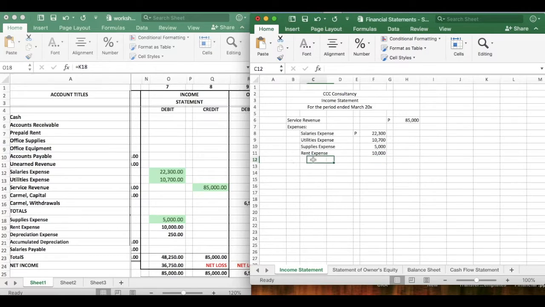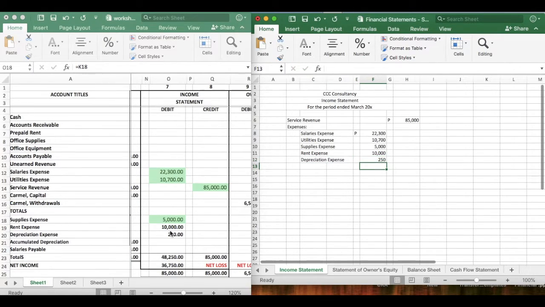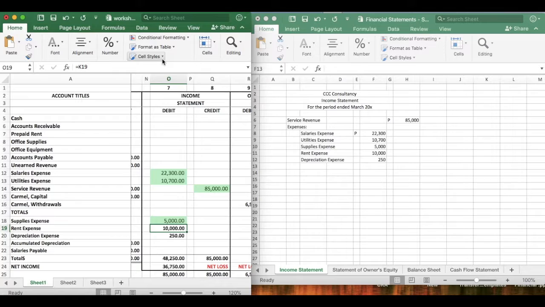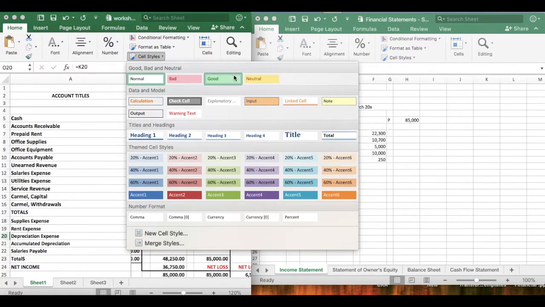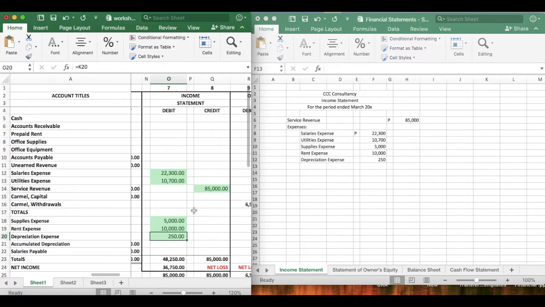Okay, then we have depreciation expense of 250. Right, so all under our income statement in the worksheet have already been transferred or reported in the financial statements.